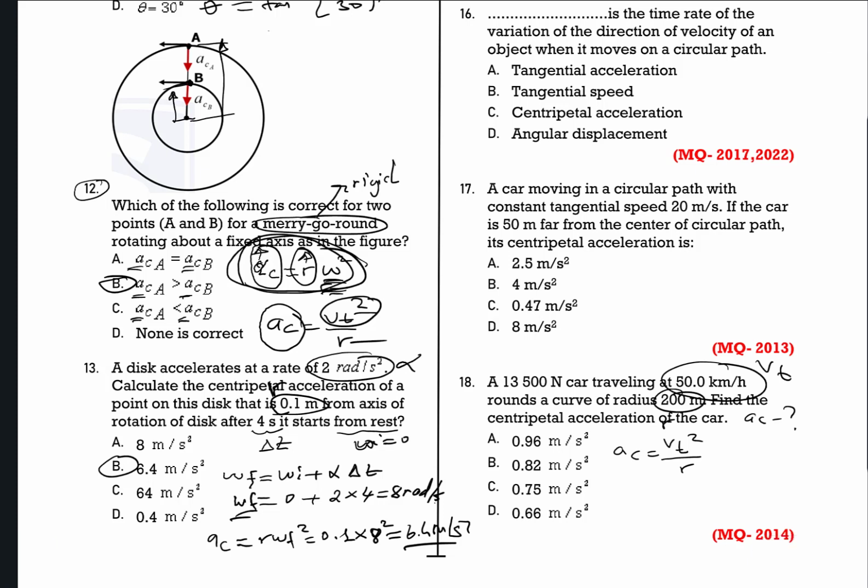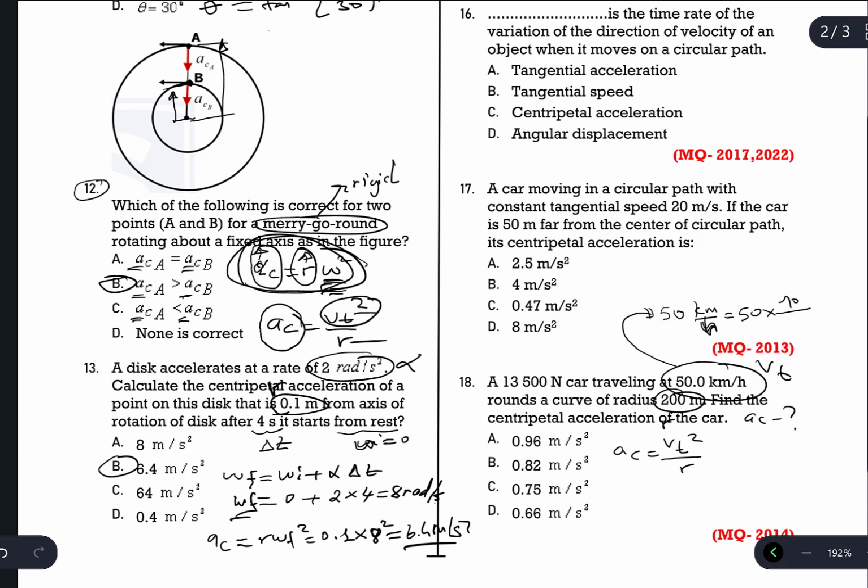This is kilometer per hour. We have to convert this kilometer per hour to meter per second. So when you are converting kilometer per hour, or any conversion, this is the method. 50 is the magnitude. Every 1 kilometer is 1000 meters, so because it's in the numerator, you should write it in the numerator.